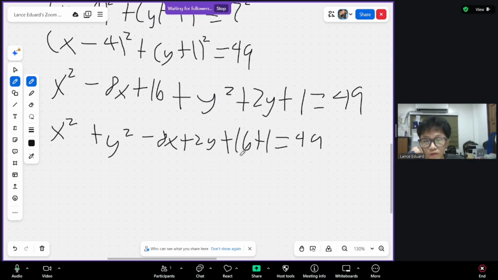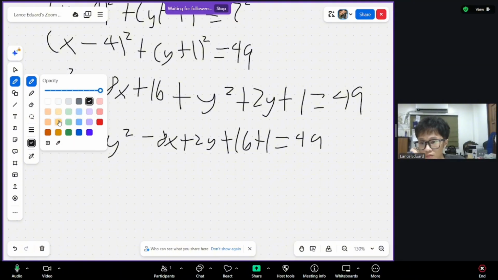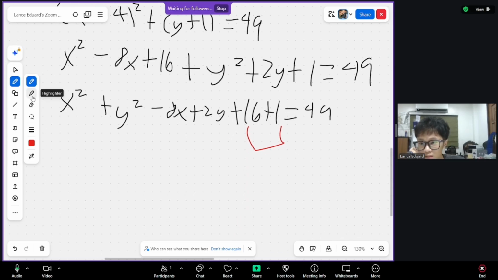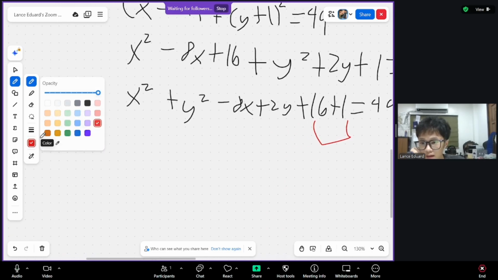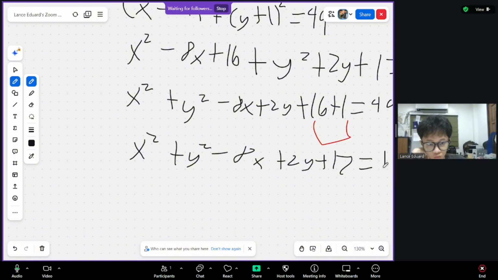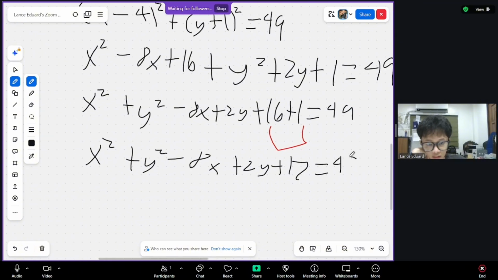The next step is adding the like terms, which are 16 plus 1, and that's going to be 17. Then our equation will be x squared plus y squared minus 8x plus 2y plus 17 equals 49.